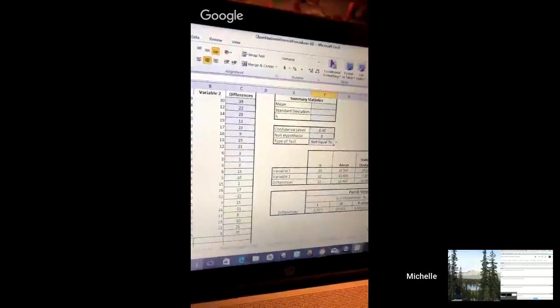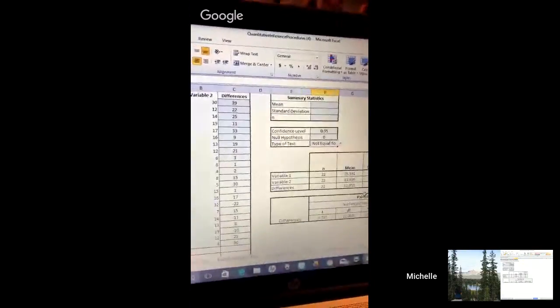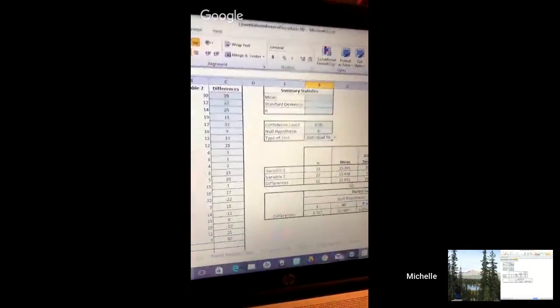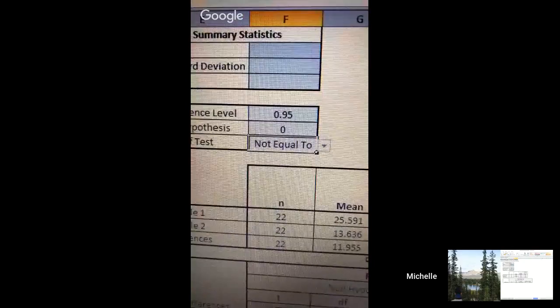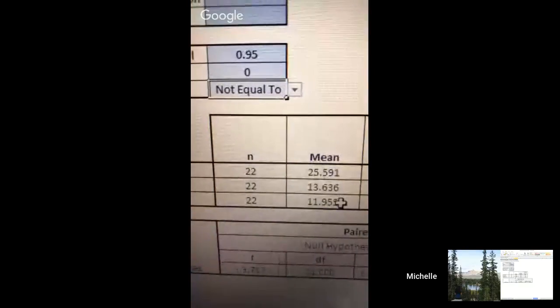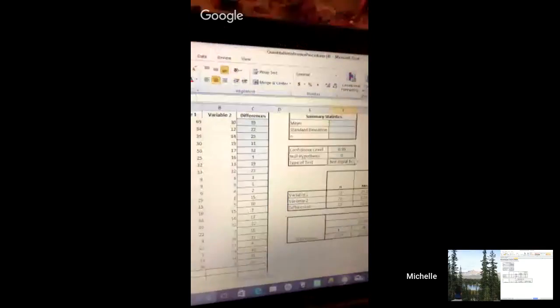Yeah, because the mean difference is like where you were saying the mean is 25 and 13. The difference is 11.955. Right, I see that on my little thing. But see how it says confidence interval.